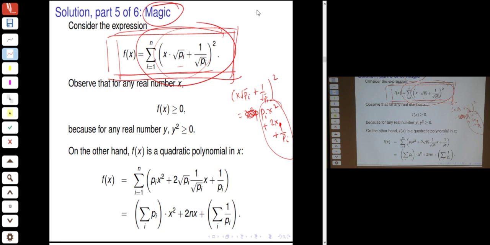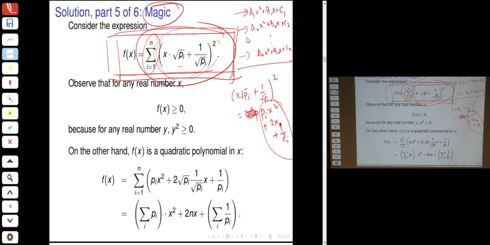So, if you have, let us say, a1 x squared plus b1 x plus c1, a2 x squared plus b2 x plus c2, and so on up to an x squared plus bn x plus cn. So, just like this. If you expand these squares, then each of them is an expression like this for every i between 1 and n, and then you are just summing up a bunch of these quantities.